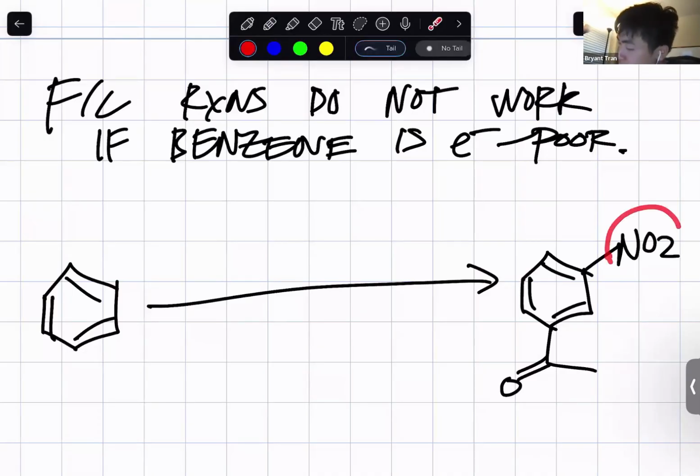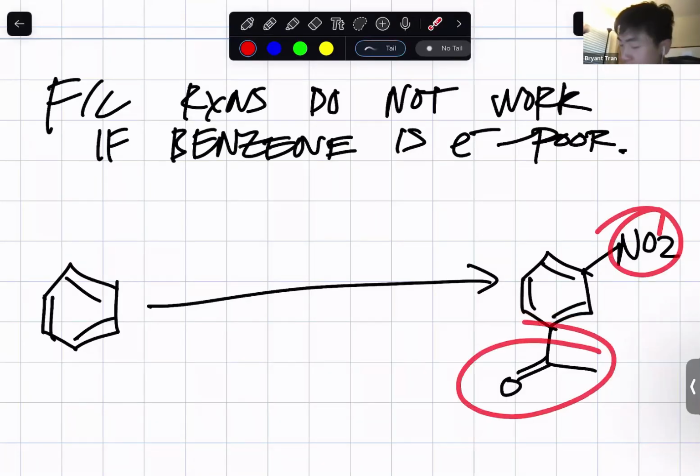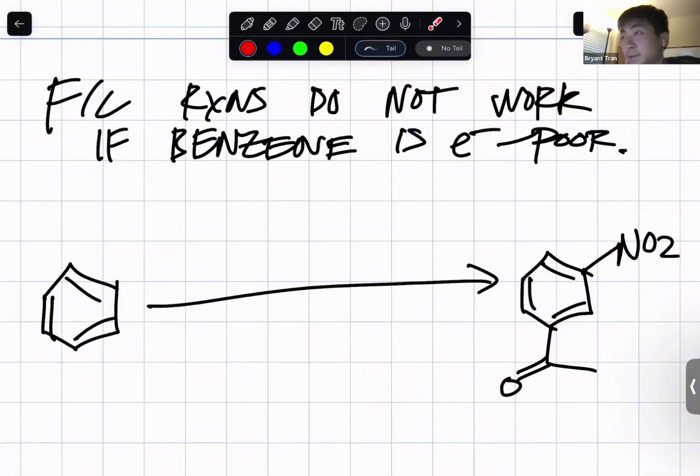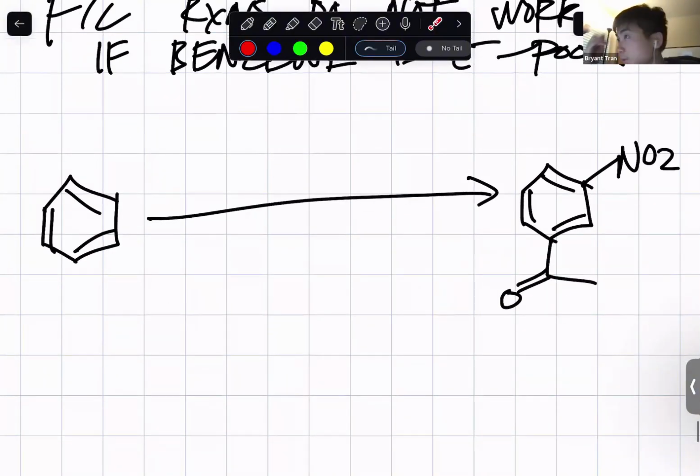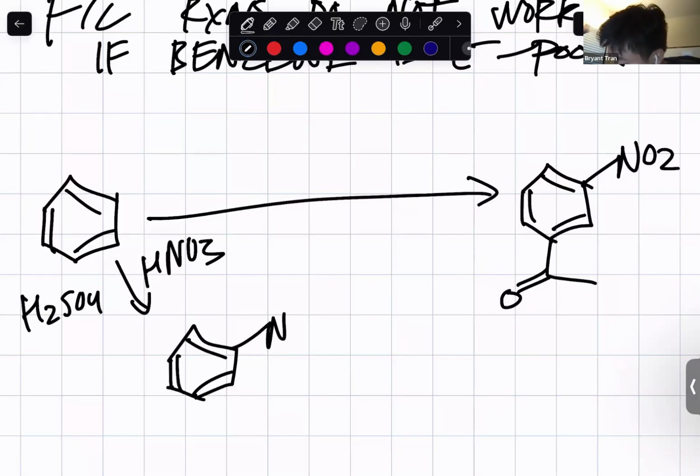We see that we have an NO2 group and an acyl group. So we know that the two reactions that can do this are nitration and acylation, right? There's going to be two routes that you can think of, right? Let's say one route you think of is that we do nitration first with HNO3, H2SO4, which would add a nitro group anywhere. It doesn't matter here because there's no directing groups.